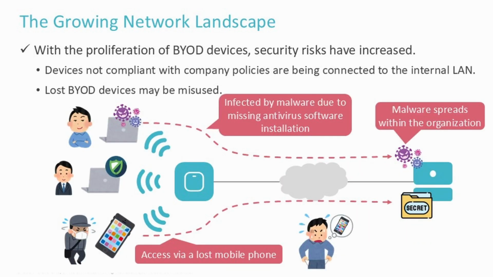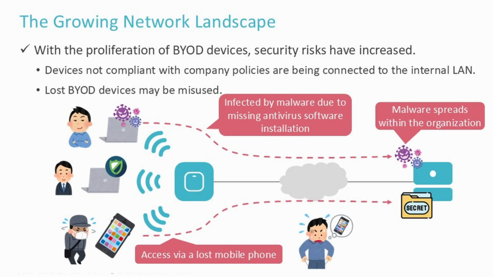BYOD, where personal computers and smartphones are used for work, is also becoming more common. I believe each organization has its own security compliance rules for BYOD device usage, but not everyone is serious about it, so I think there are employees who break the rules.